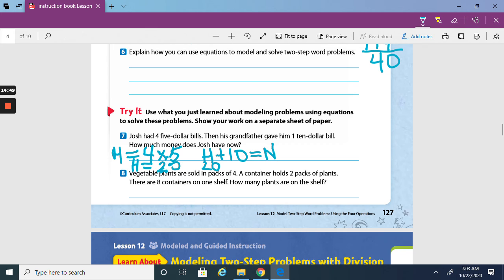Then if I take $20 and I add to it the $10 that Josh got from his grandfather, I will get my new total, or what I have now. So 20 plus 10 is going to give me 30.